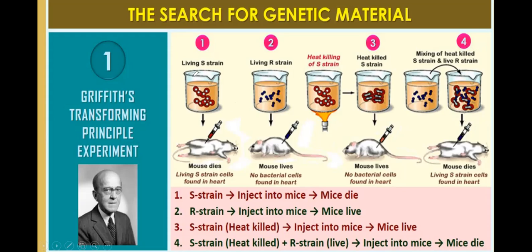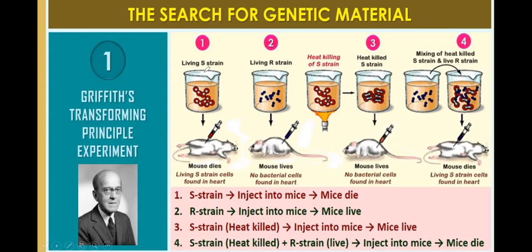In one beaker, he took living S strain. In the second beaker, he took living R strain. Then he heated the S strain, and by heating, he killed it. In the third beaker, he took heat-killed S strain. And the fourth one is a mixture of heat-killed S strain and live R strain.